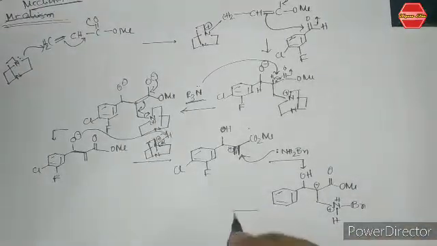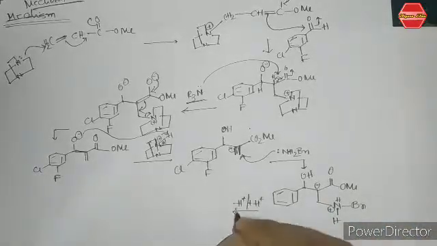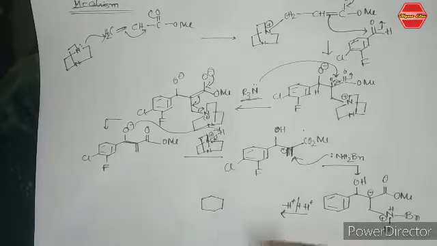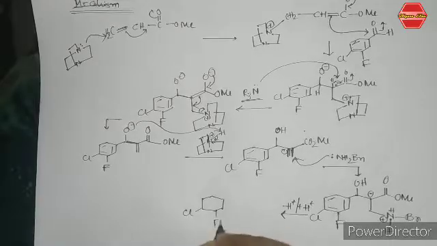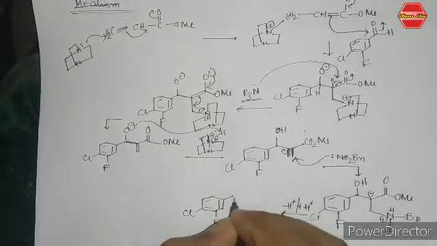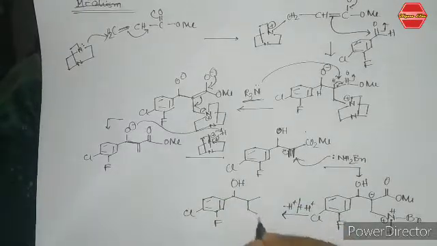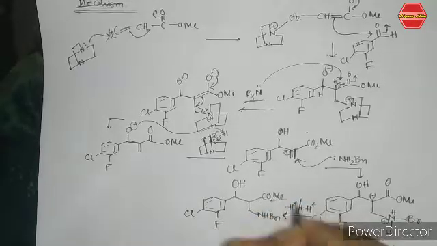Now this will take a proton from here, that is minus H plus and plus H plus. So after this proton abstraction, you get here your F and Cl and F, and that is how you get your final answer, NHBn, and this is your CO2Me. Okay, now this is your final product.